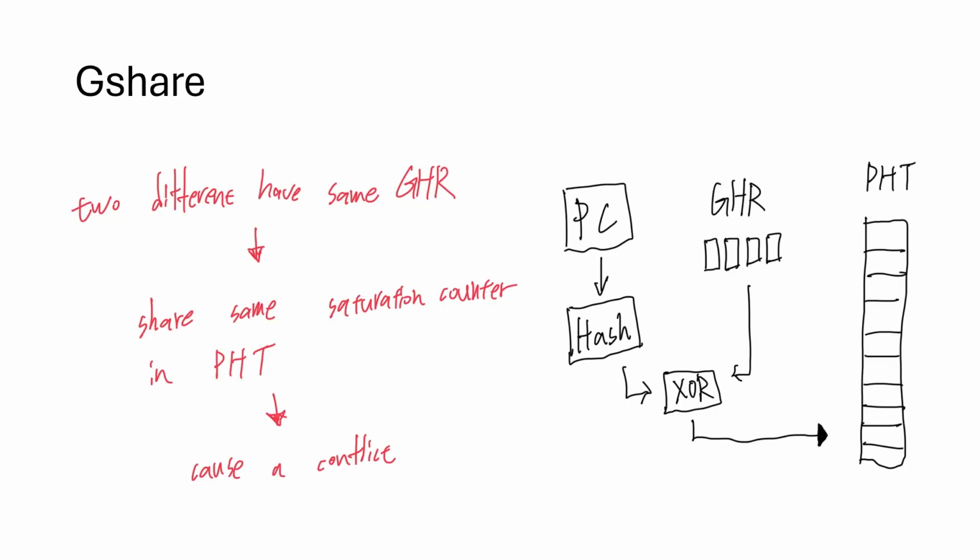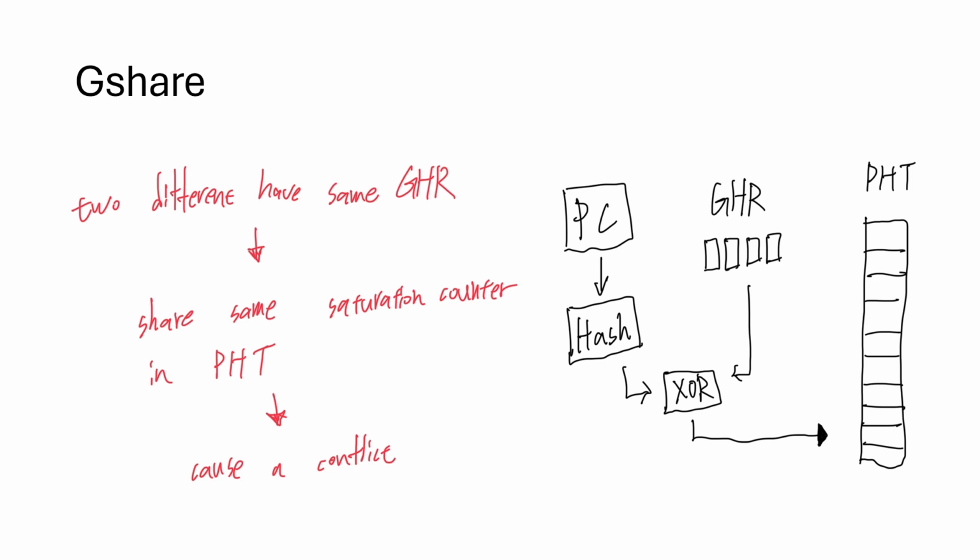And then is gshare. The disadvantage of this branch prediction method is that if the GHR has the same value corresponding to 2 different branch instructions, then the 2 branch instructions will share the same counter in the PHT, so it will cause a conflict.